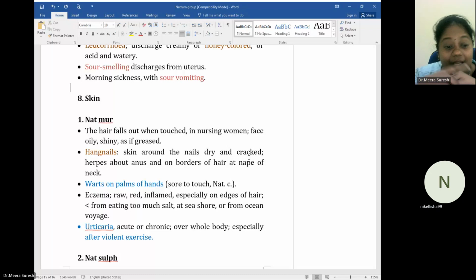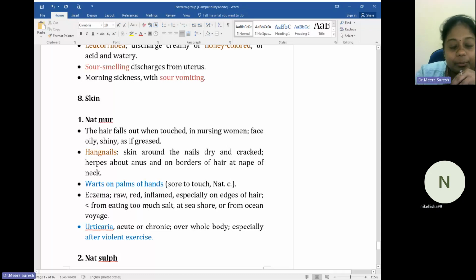Another feature, of hangnails or the anatomy of the skin, if you have noticed, they have problems in the border where the skin and the hair meet. That is the place where they have the skin problems.